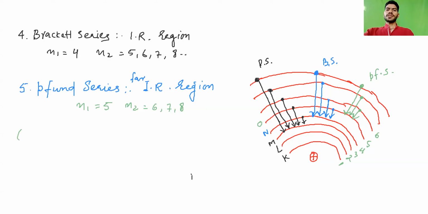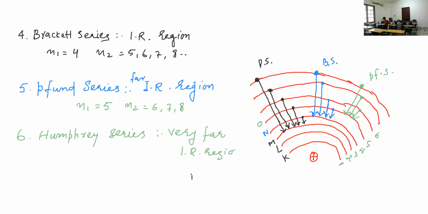Okay, what was the last one? The last series was the Humphreys series. In this Humphreys series, it lies in the very far infrared region, right? Yes, sir. I had told you that for this Humphreys series, N1 is equal to 6 and N2 will be 7, 8, 9.